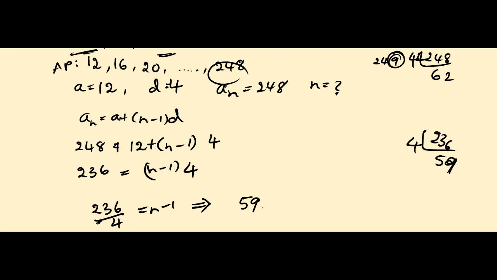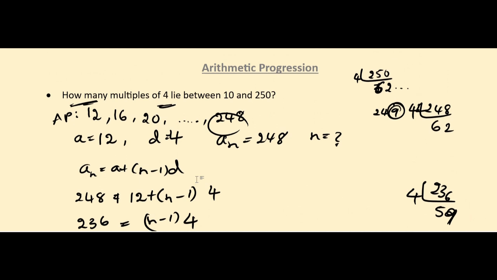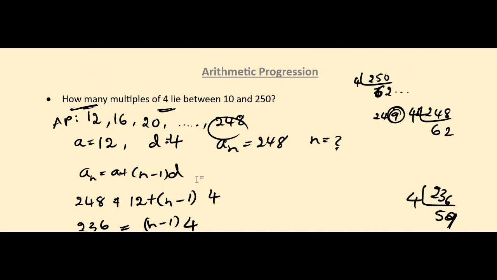That's why 59 is equal to n minus 1. When minus 1 comes to the LHS, it becomes plus 1. So 59 plus 1 is 60. So n is equal to 60. There are 60 terms between 10 and 250 which are multiples of 4.